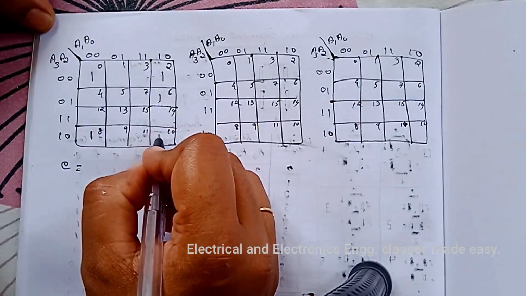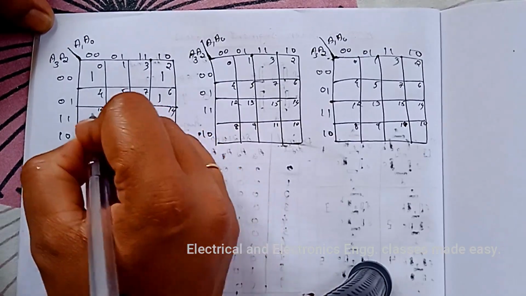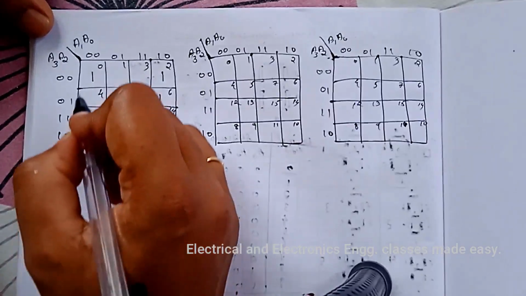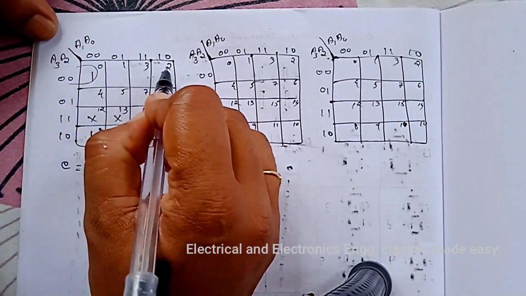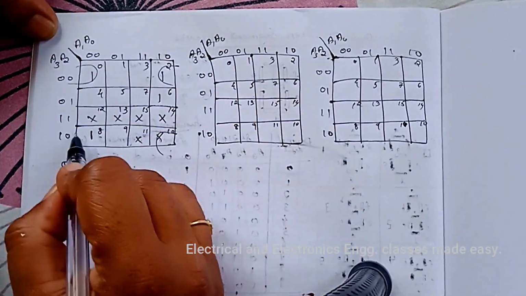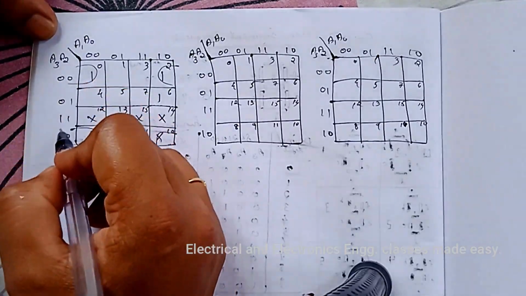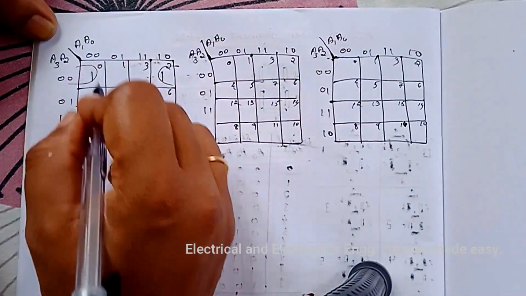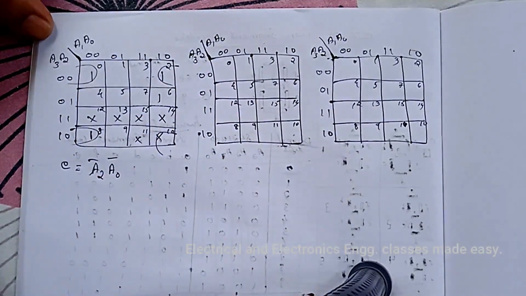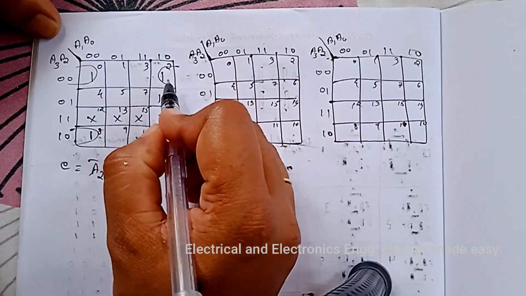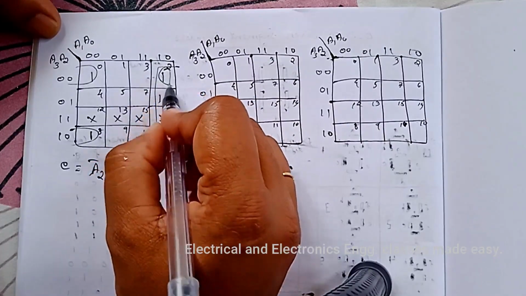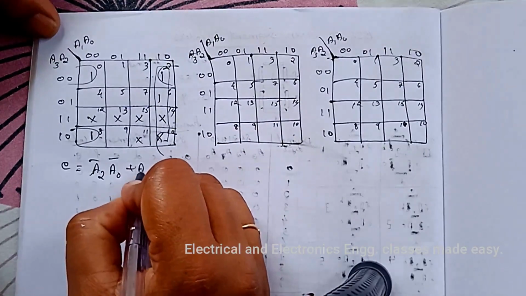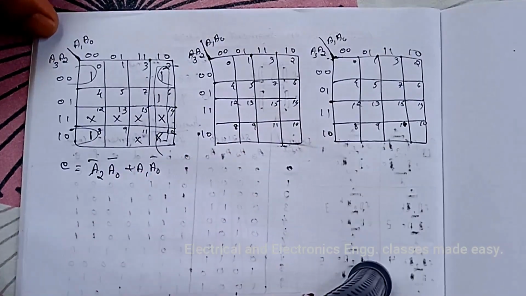The don't cares are 10, 11, 12, 13, 14 and 15. So here the four corners we can wrap, and it is A2 bar, A0 bar. Next, these four squares we can combine, and it is A1, A0 bar.